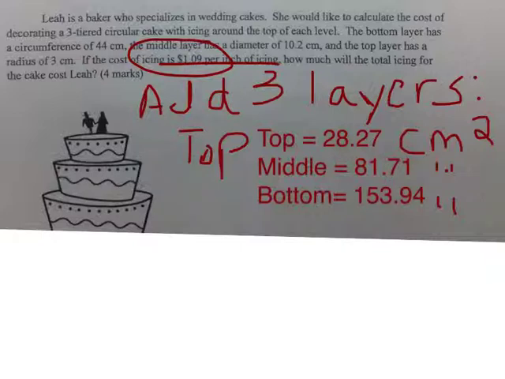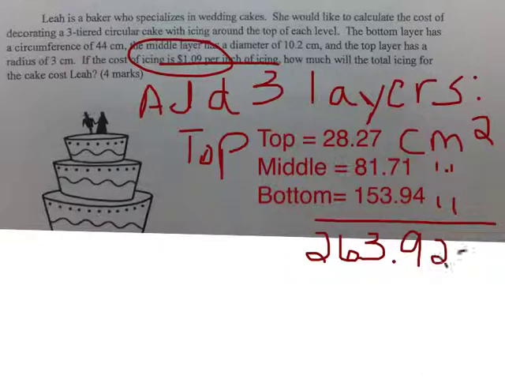If I add all 3 of these values up, because I want to get a total, you would get 263.92 centimeters squared.